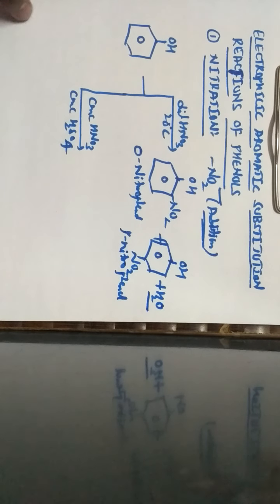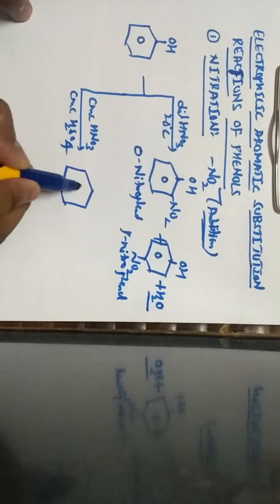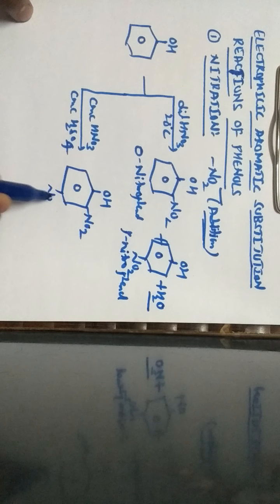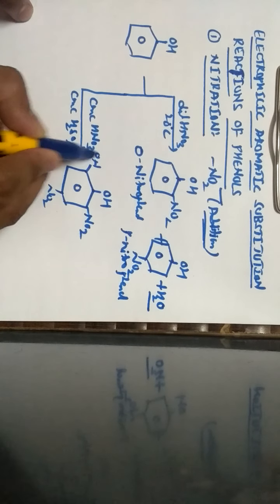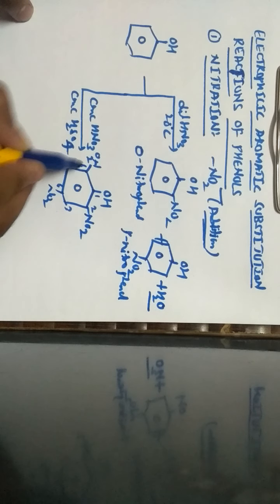Suppose it is treated with concentrated nitric acid in the presence of concentrated sulfuric acid. Here we get a tri-substituted derivative of phenol, that is 2, 4, 6, means all three positions.